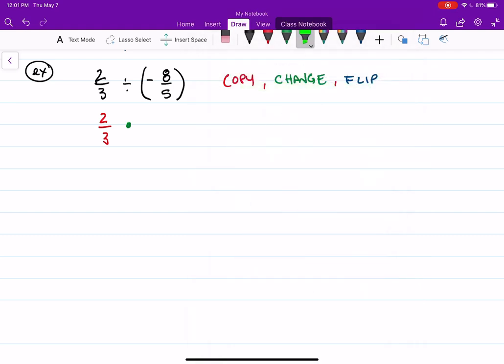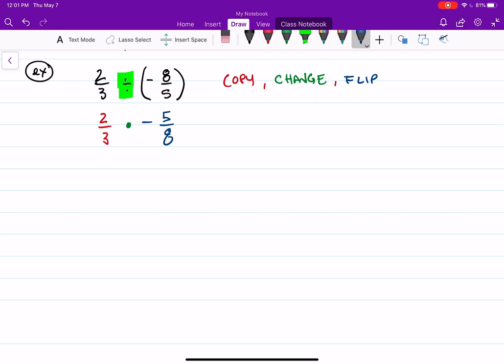I'm going to put this in green here. And then I'm going to flip that fraction, so 5/8. So I'm changing a division problem into a multiplication problem. Now, in high school, you might have heard of keep, change, flip, or copy, change, flip. I don't really care which way you remember it, as long as you remember it.